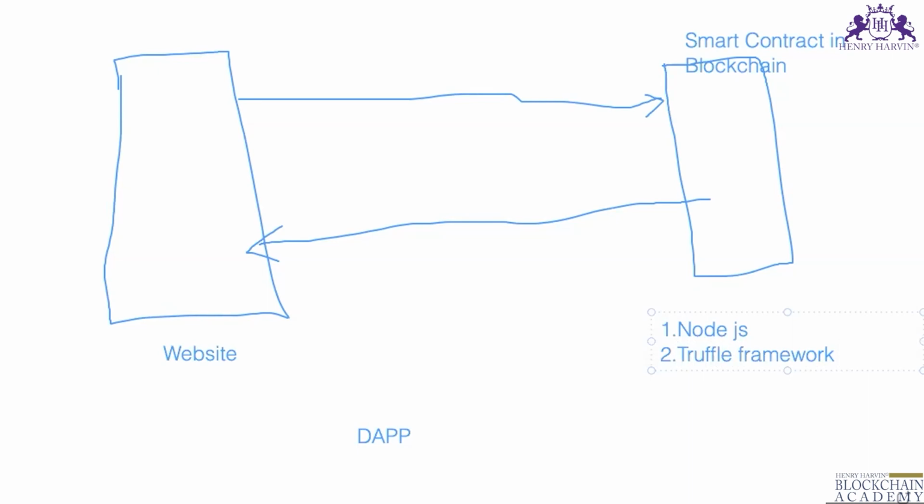We can write it in our own editor, such as Notepad or Notepad++, and after that compile it. The Truffle framework allows you to compile your smart contract and migrate it onto the blockchain.